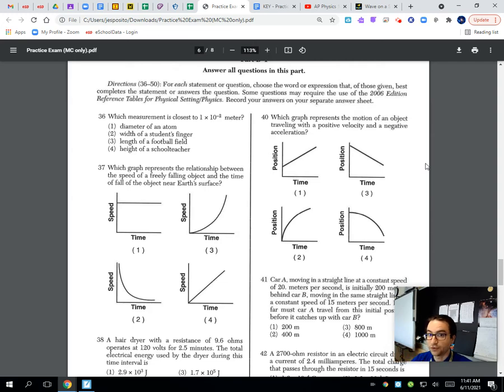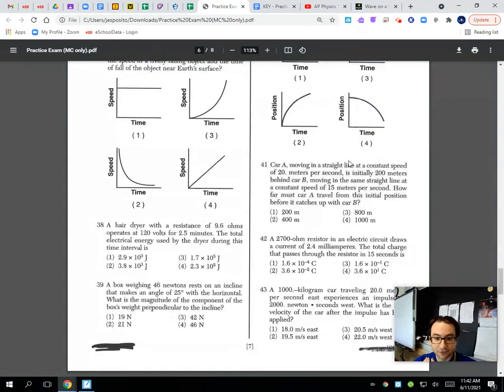We're still moving forward, but the rate at which we're moving forward over time is diminishing because eventually you will be not moving, meaning your position will hold constant. The graph that represents this is choice 2. The position is going less and less and less as time goes by until eventually, if we could keep seeing the graph, it would flatten out, and that would be when you were at rest. So 40, again, choice 2 is what we're looking for.